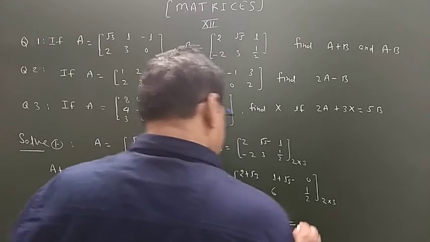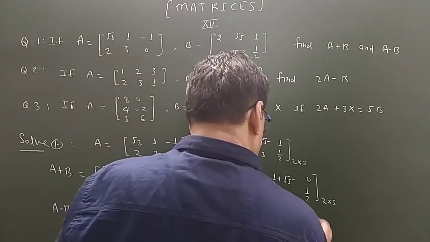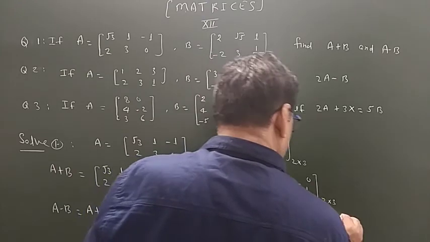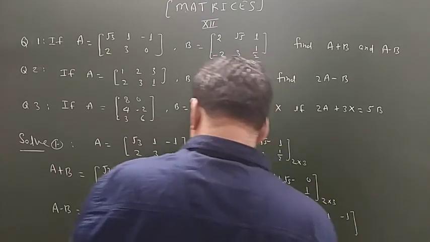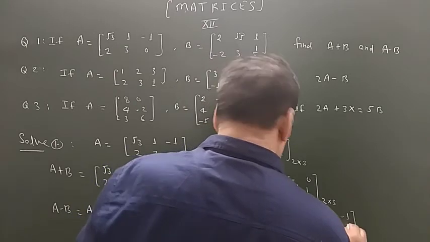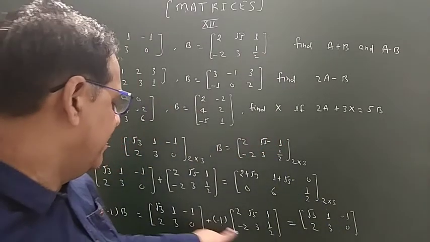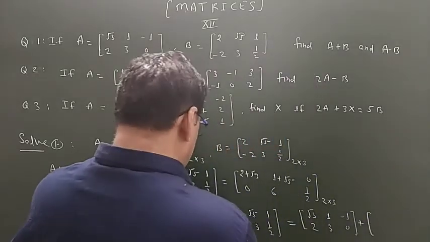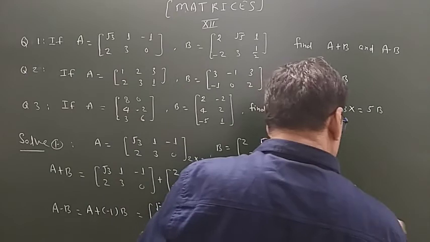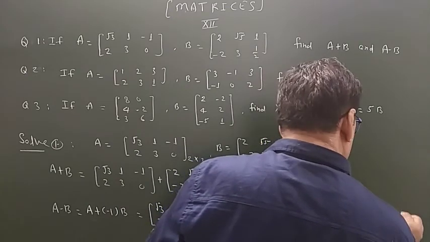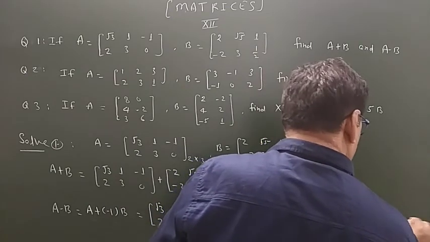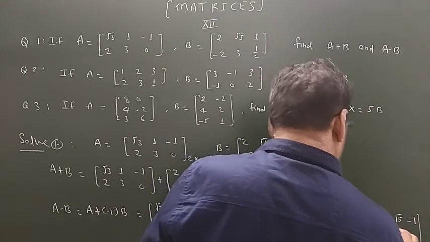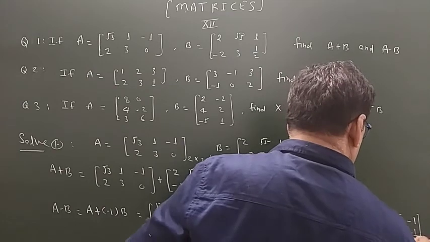This can be written as again the first matrix root 3, 1, minus 1, 2, 3, 0. Now this is the scalar, and when multiplying inside, it becomes with positive sign outside, and this minus 1 multiplies inside, it becomes minus 2, minus root 5, minus 1, 2, minus 3, minus half.